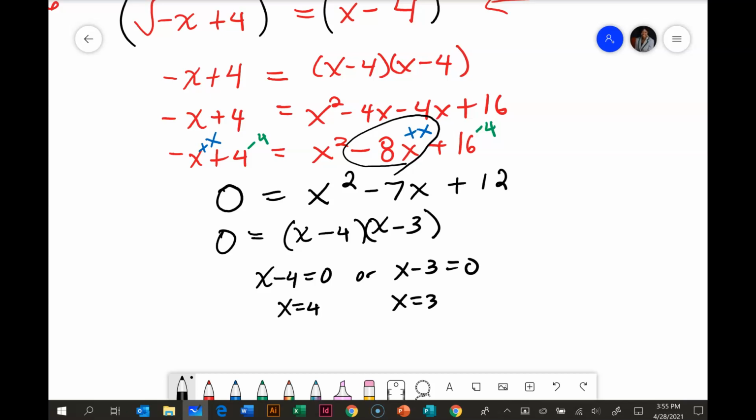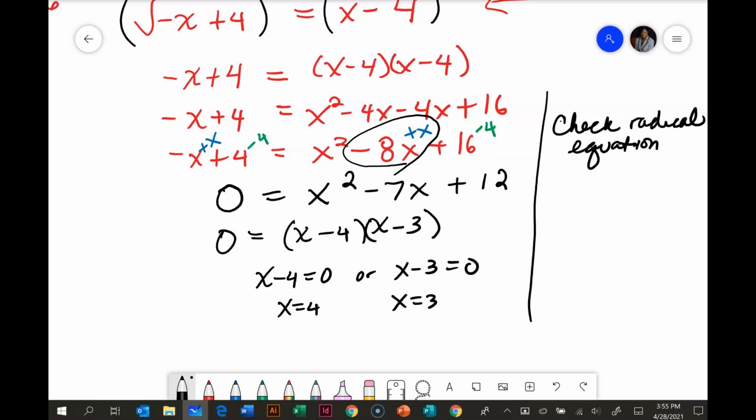But again, when you have radical equations, you have to check. We have a radical in our equation, so we always have to check the answer. Let's first check x equals 4.